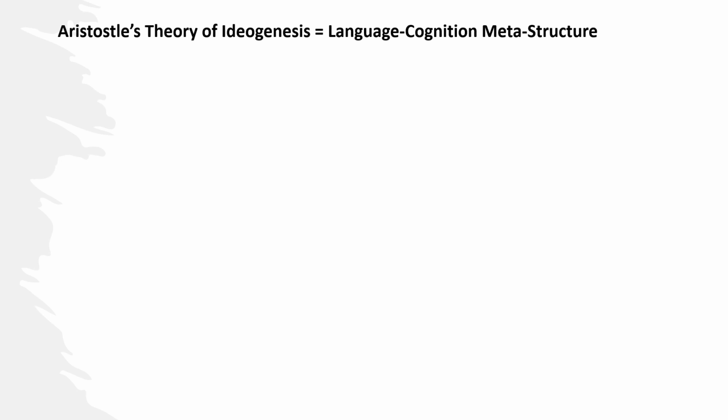To Aristotle, there is this two-tier structure of both cognition and language. We have mental acts below and linguistic expression above. Aristotle did not say that cognition is superior to language or the other way around.